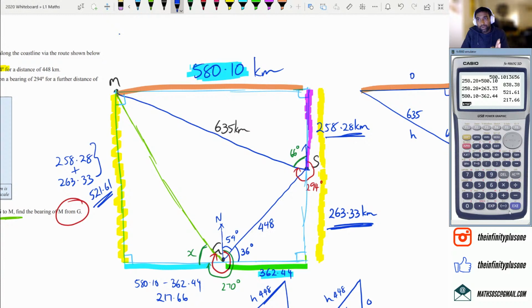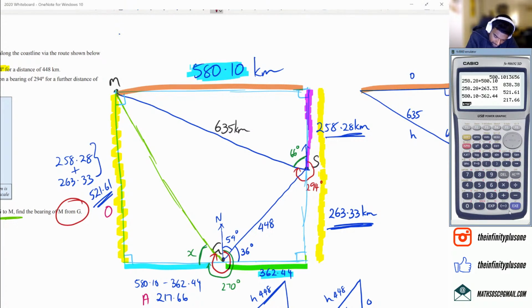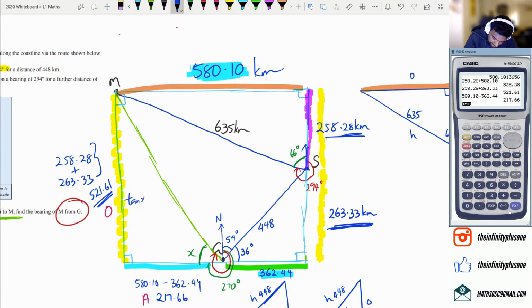At this point, we've got the left-hand side triangle, which means we can work out what angle X is, because this becomes opposite and this becomes adjacent. So we can just say tan X equals opposite over adjacent. So X is equal to inverse tan of 521.61 divided by 217.66.